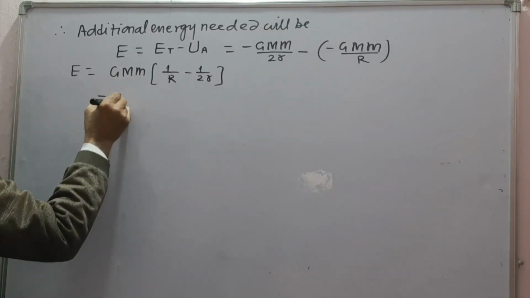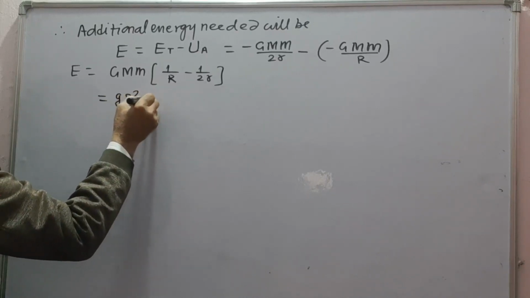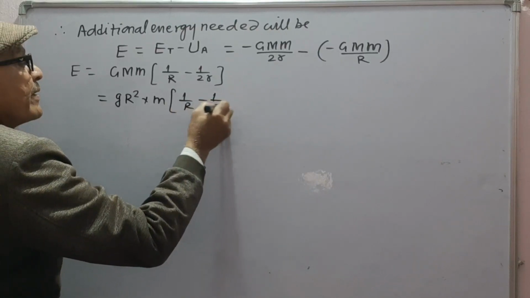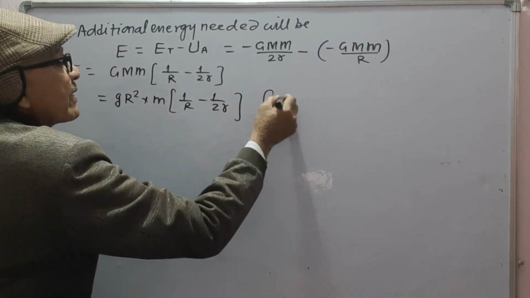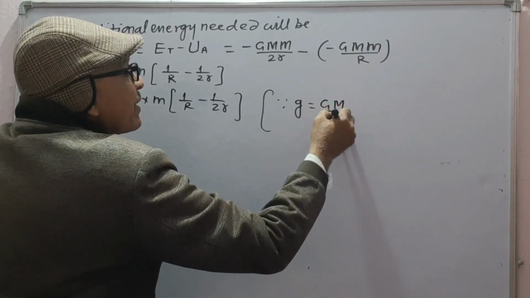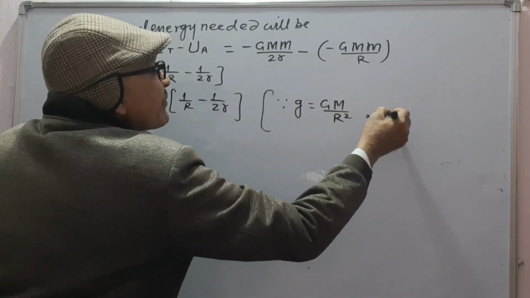G M can be replaced with g R square into m into 1 upon R minus 1 upon 2R, because g is equal to G M upon R square on Earth surface.